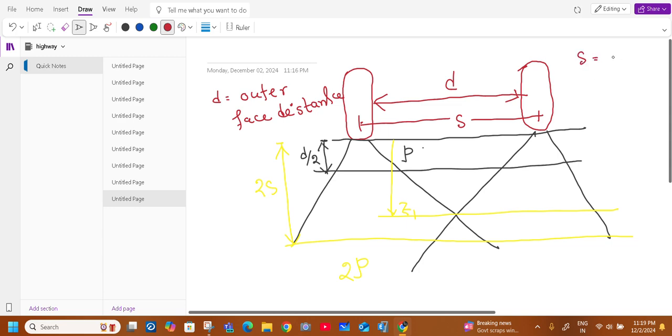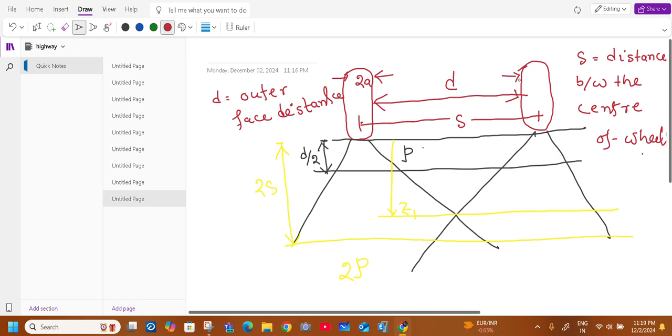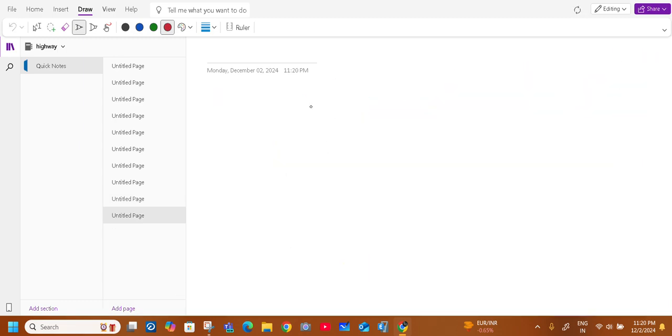S is the distance between the center of wheels, and the tire dimension is 2a. So S equal to D plus a plus a. So from this we can come to the solution S equal to D plus 2a.